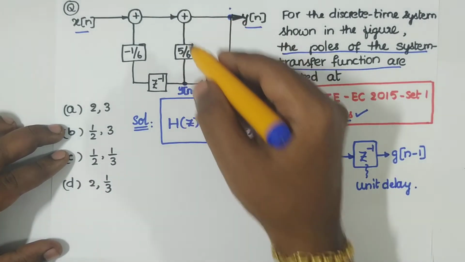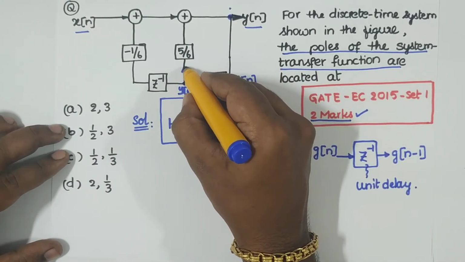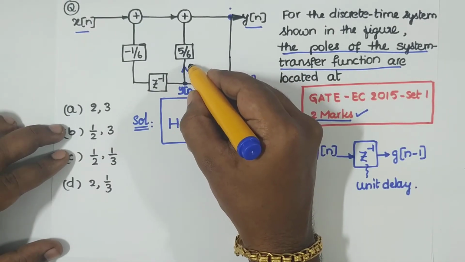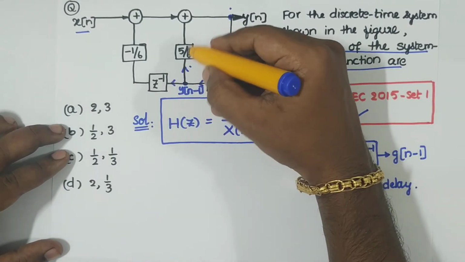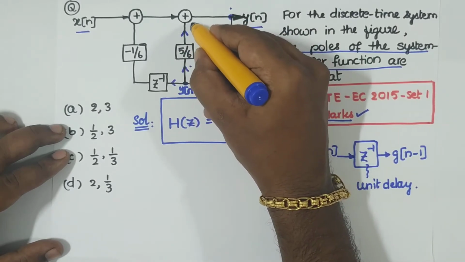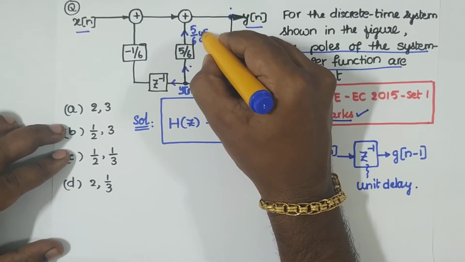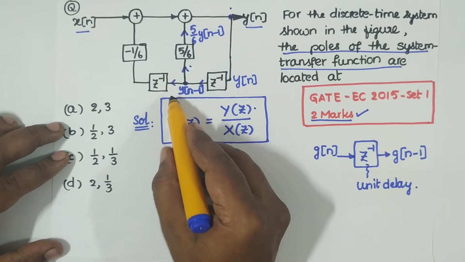Again, you see arrows are not given, but you have to understand this. Now this y of n minus 1 is present here and also here. Now this is a scalar quantity 5 by 6, so multiply 5 by 6 to this y of n minus 1. And again this is y of n minus 1.